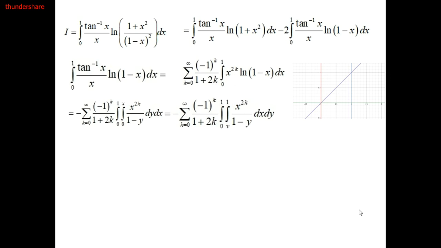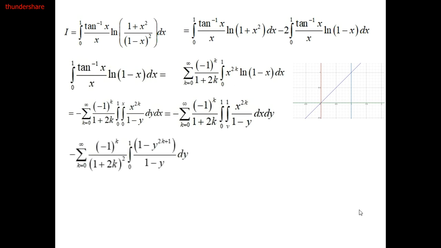double integral, the one for y from 0 to 1, and the one for x, which will start from y to 1, of x^(2k). The integration of x^(2k) with respect to x will be x^(2k+1) divided by 1+2k.